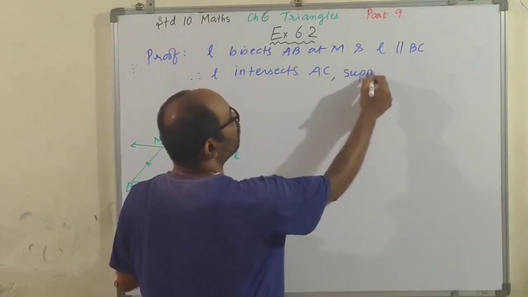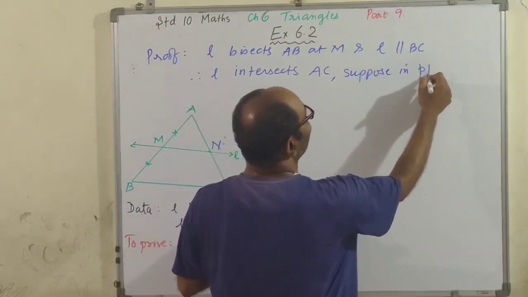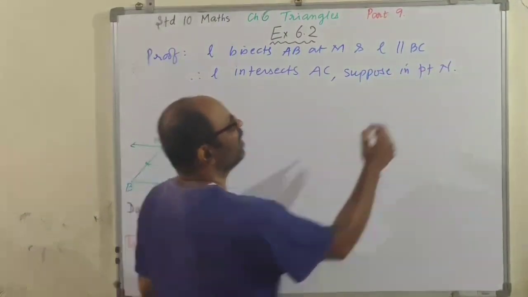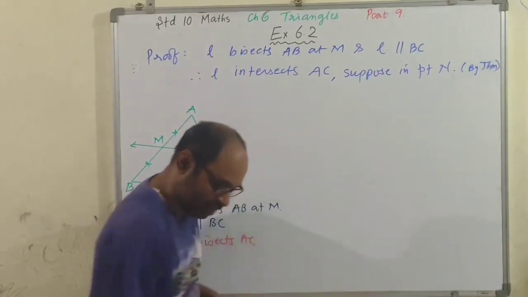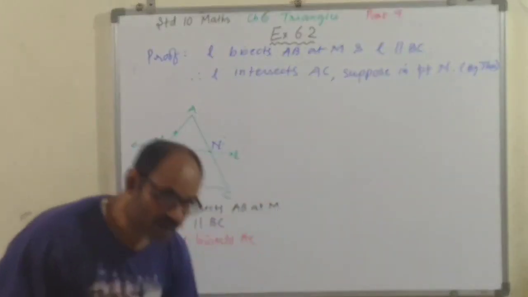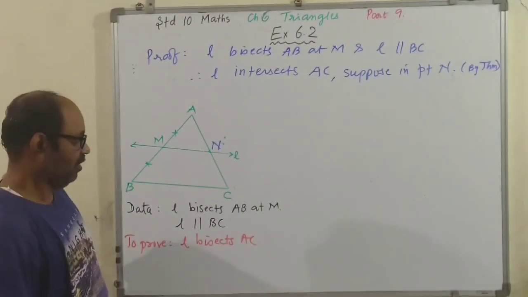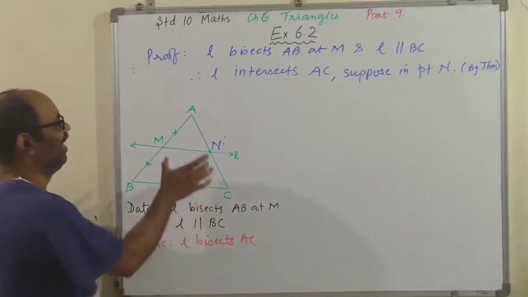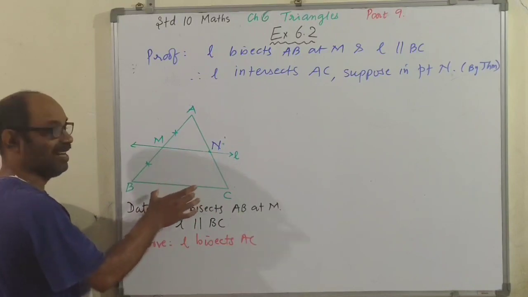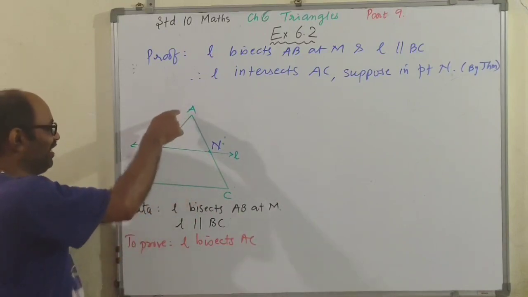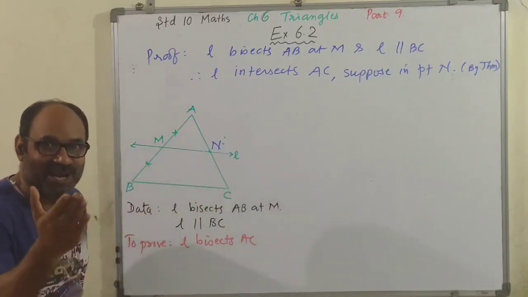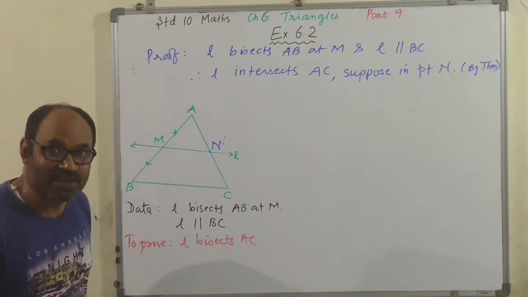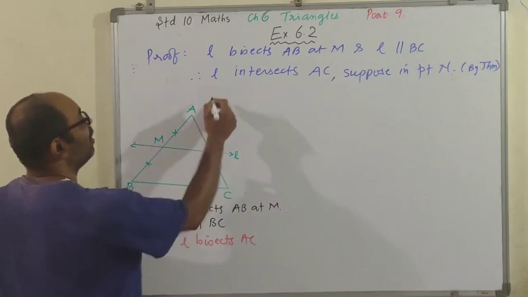Suppose in point N, by theorem of standard 9, so no need of writing the statement, theorem number. All right. Now tell me, line L is parallel to BC and it intersects the other two sides AB and AC in points M and N. So you can use theorem 6.1 of standard 10.